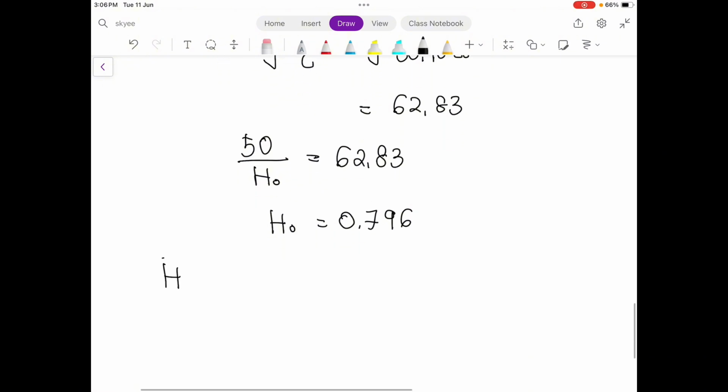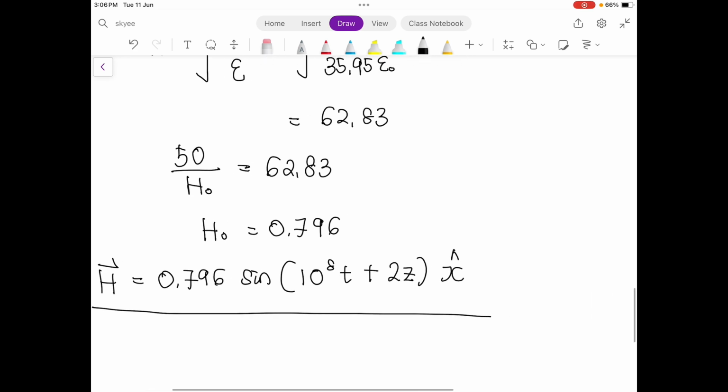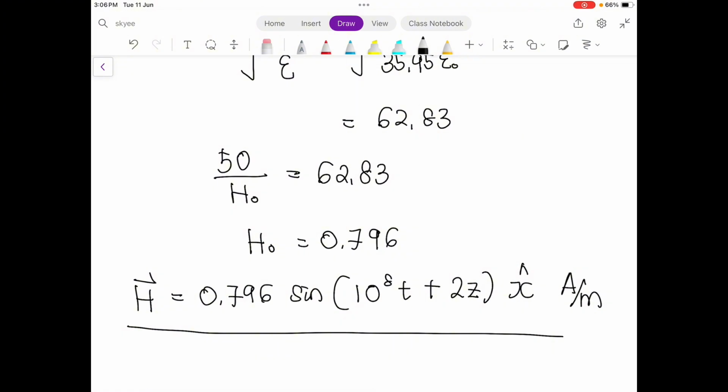So you can write your magnetic field as 0.796 sine of 10 to the power 8 t plus 2 z, and the direction just now we said is X. Oh, this one's wrong, it should be Z. So this will be your magnetic field equation, in amperes per meter.